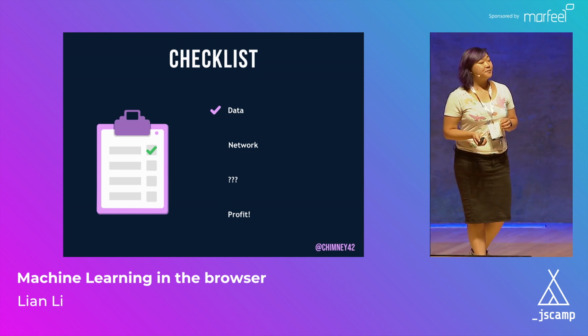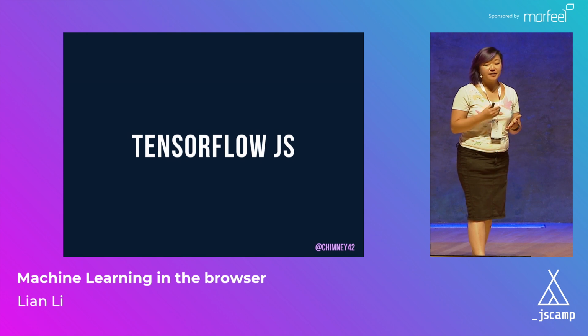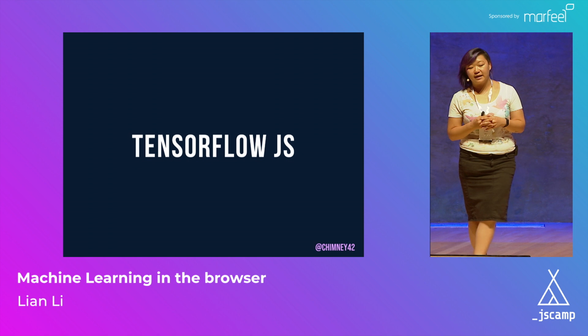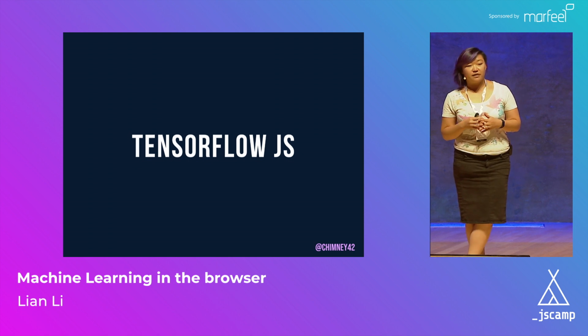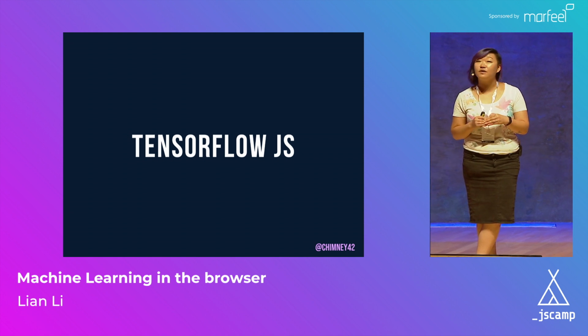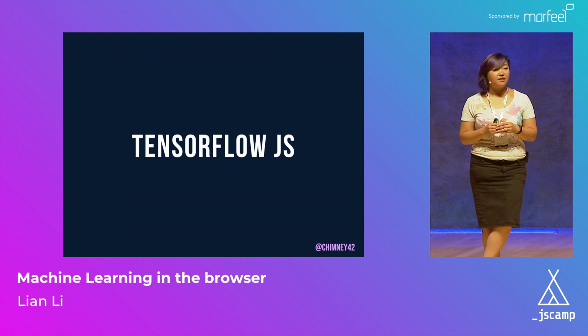All right. So for the network, let's talk a little bit about TensorFlow.js. TensorFlow.js is a library by Google, and it's based on the original TensorFlow that's written in Python. I don't know if you ever heard of TensorFlow with Python? Right, that's quite a lot.